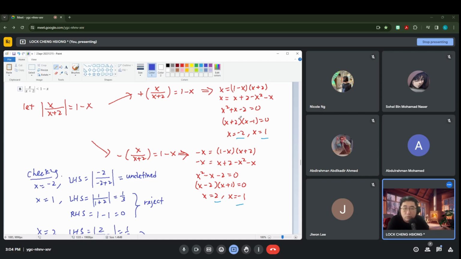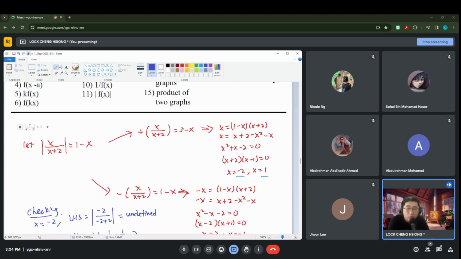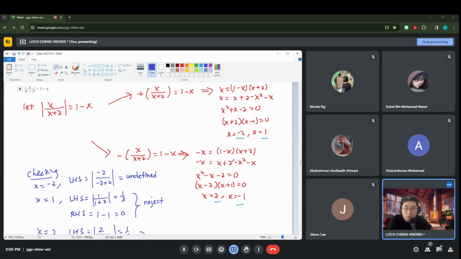Maybe I factorized wrongly. x plus 2 times 1 minus x, 1 minus x plus 2, x plus 2 minus x squared minus x, x gone, x squared plus x minus 2. 1 times minus 2 equals minus 2, and 1 and negative 2 add to 1. The second one is the same thing.